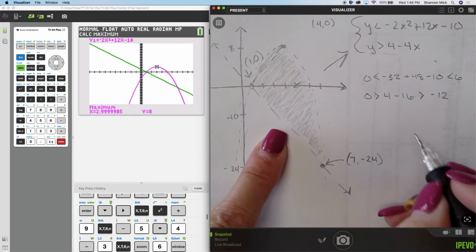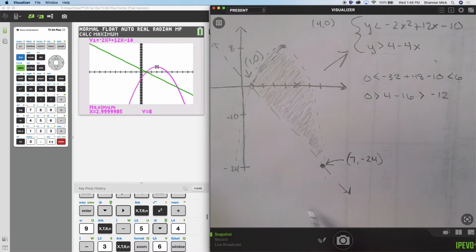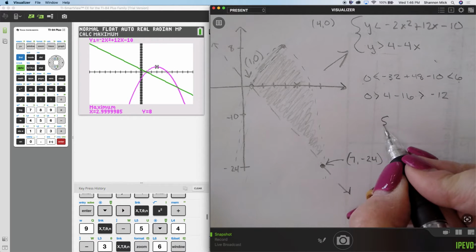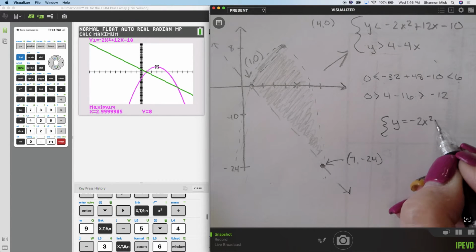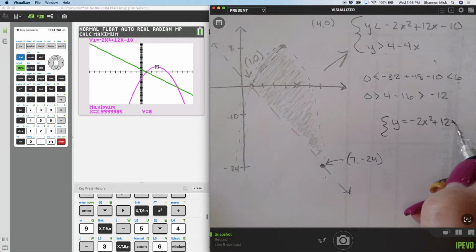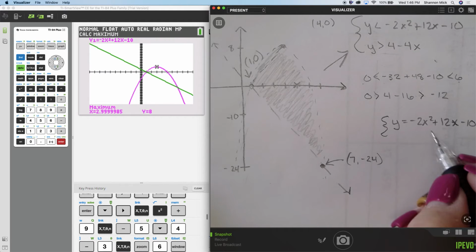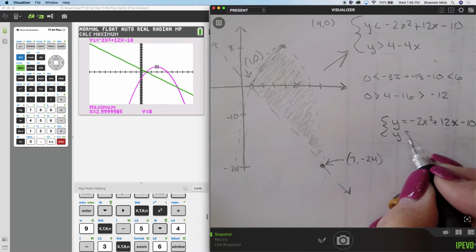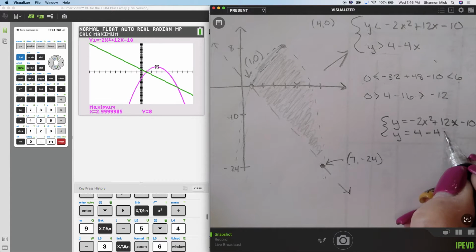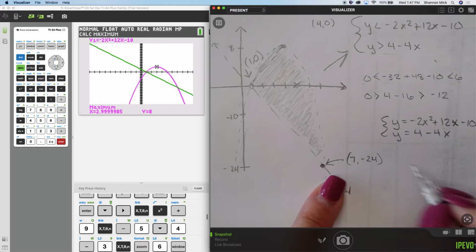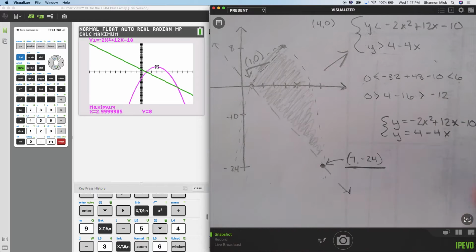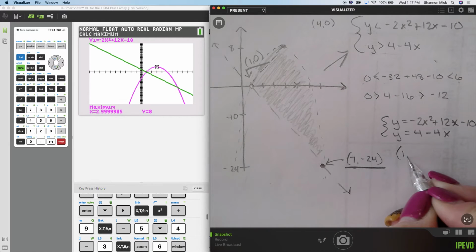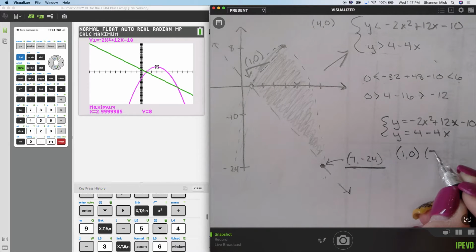What if I change it to y equals negative 2x squared plus 12x minus 10, and y equals 4 minus 4x? Then what are my answers? No, we graph it. What are my answers? 1, 0, and 7, negative 24.